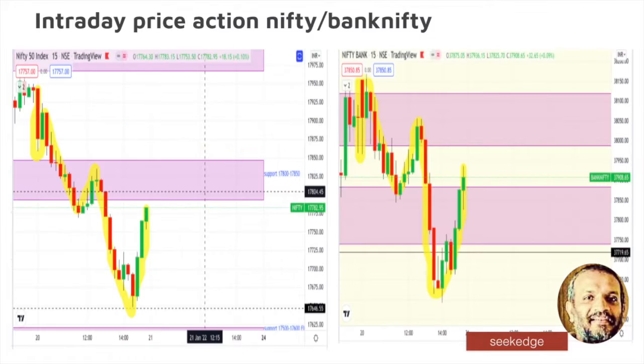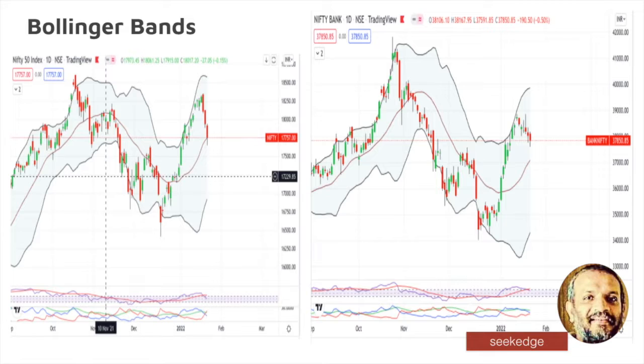The main thing is it took a moving average support bounce, like you see in the Bollinger. This is the moving average 20. BANKNIFTY is a little away from there, but it fell down, took the support, broke that and then bounced. And you can see that the bend has happened on the bands, which indicates the slowdown of the bullishness.